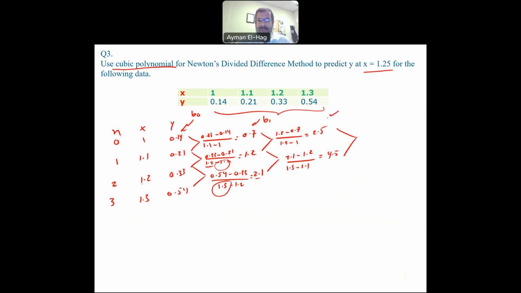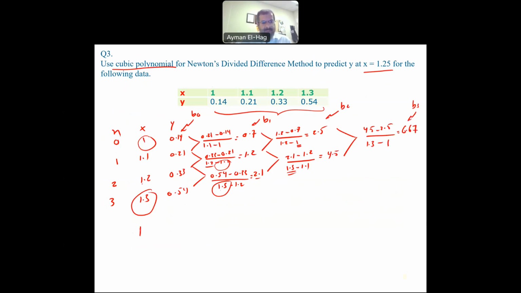Finally, this is your B2 now. So finally, 4.5 minus 2.5 divided by the whole range, which is 1.3 minus 1, and this will give me 6.67, and this is your B3.